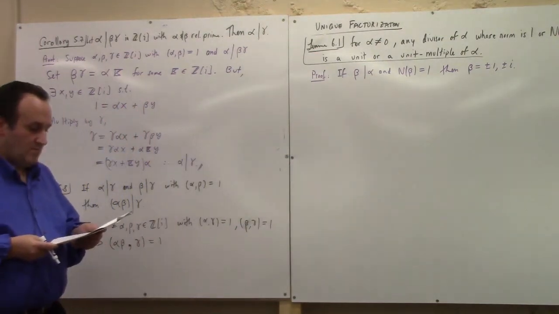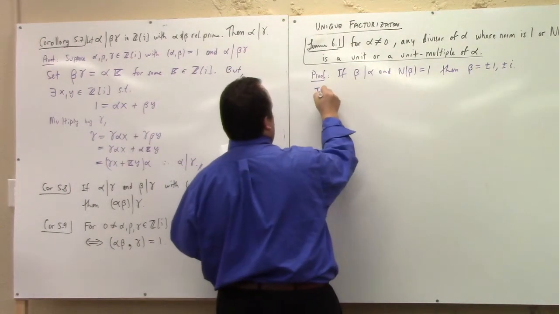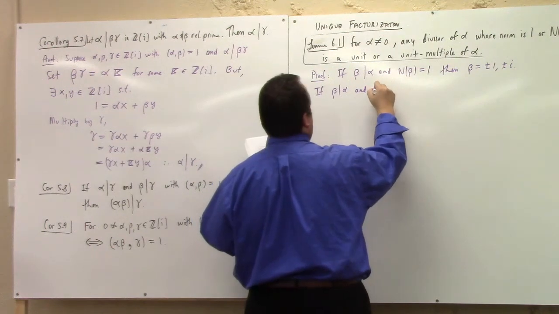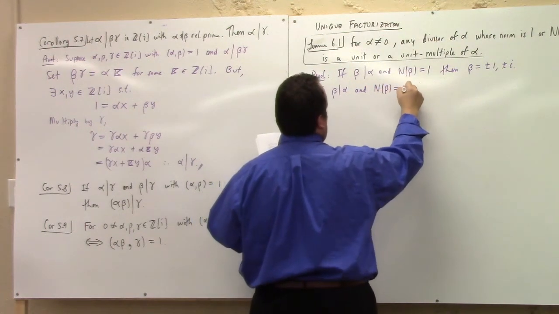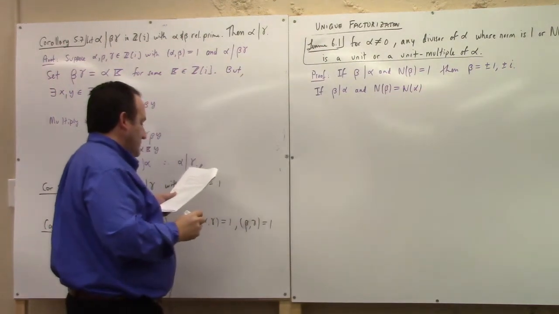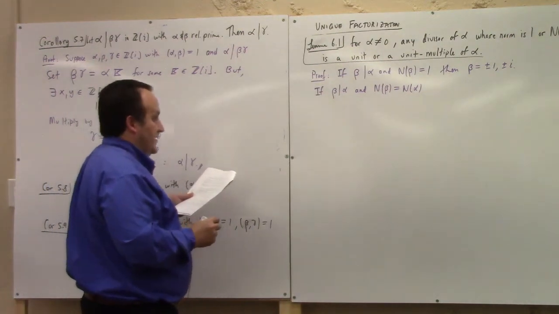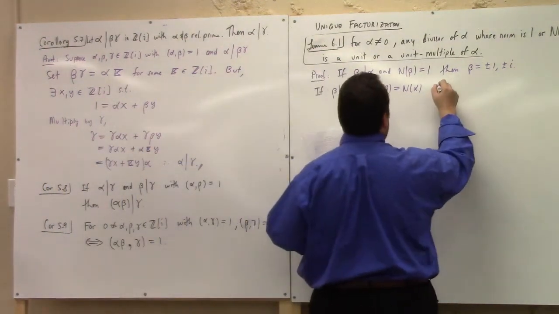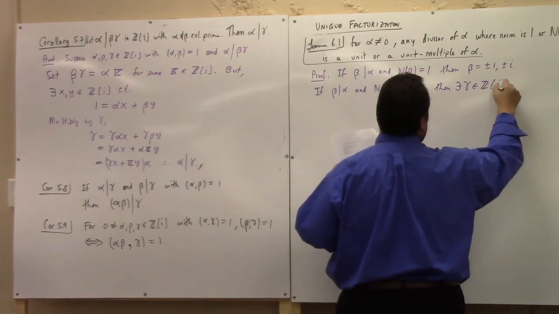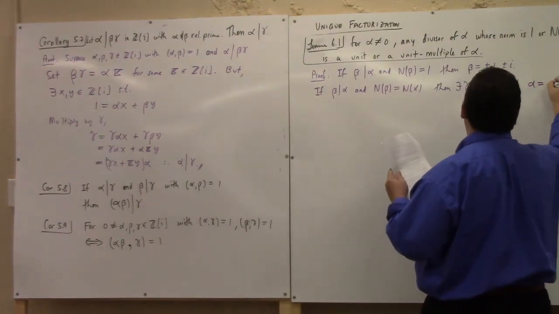Now, if on the other hand beta divides alpha and the norm of beta is equal to the norm of alpha, that's the other case, consider the complementary divisor gamma where alpha is equal to beta gamma. Well then, there exists gamma in the Gaussian integers such that alpha is equal to beta gamma.